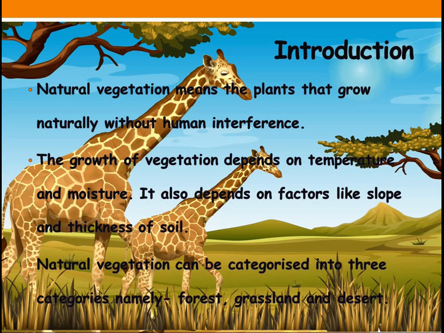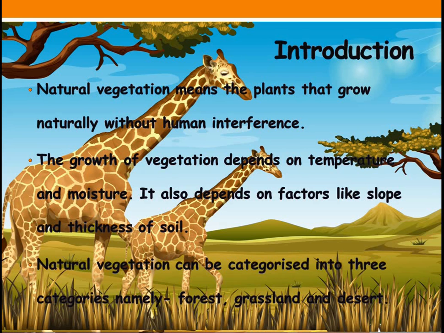See, what is natural vegetation? It means the plants that grow naturally without human interference, without human help. The natural vegetation grows on its own.